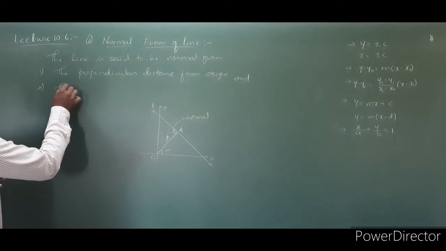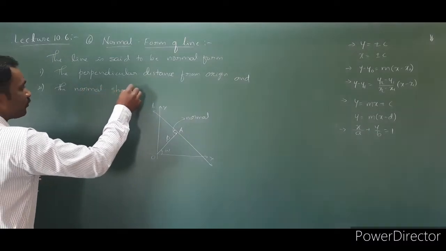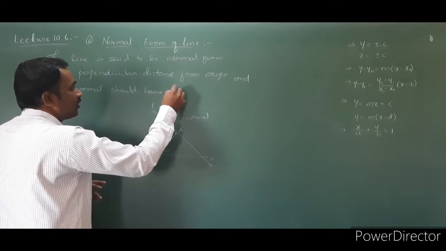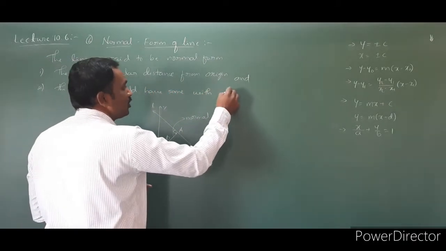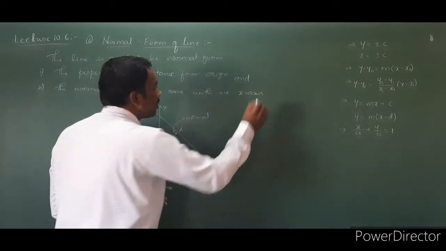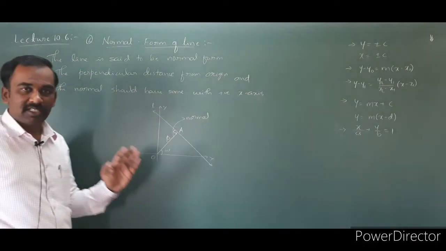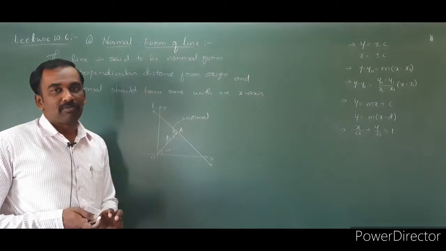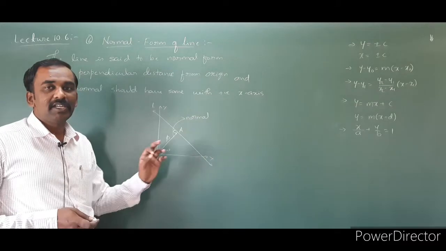Then the normal should have some angle with the positive direction of the x axis. If these two conditions are satisfied, then the given line is said to be in normal form.